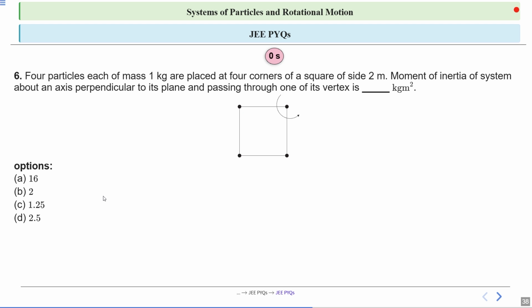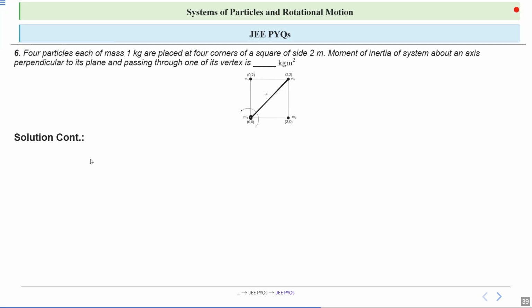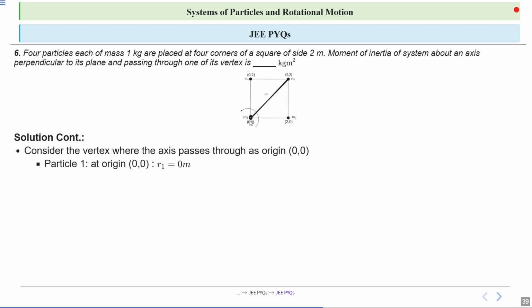Let's see the solution of this question. Consider the vertex where the axis passes through as the origin, that is M1 at origin 0 0. So particle first at origin, R1 equal to 0 meter. And particle 2 is at 2 0, so R2 is 2 meter.